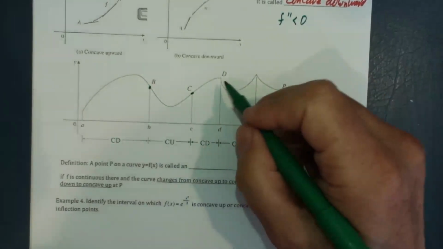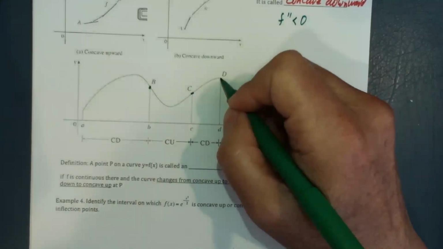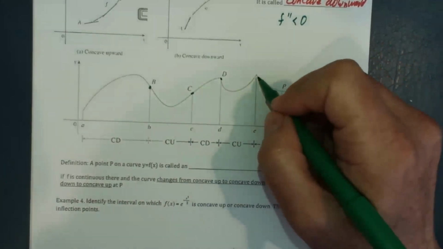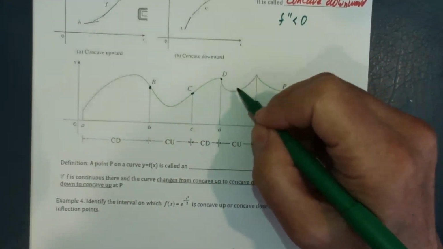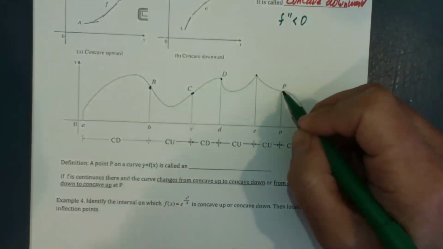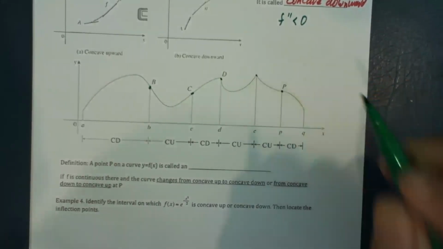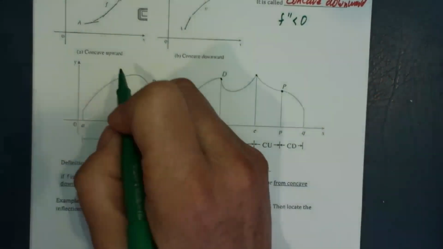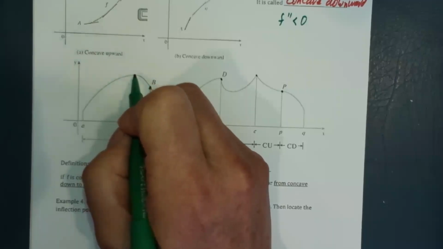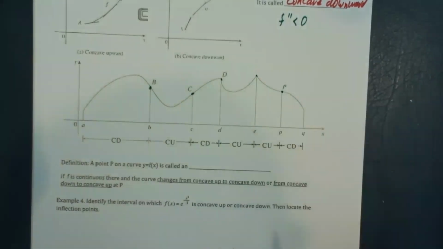And then here we're concave upward again. So D is a point, although it's a corner. This is another corner. You can see it's concave upward. It's still concave upward. And then it changes here from concave upward to concave downward. Here we have a local maximum. That's the first derivative. Local minimum, and so on.